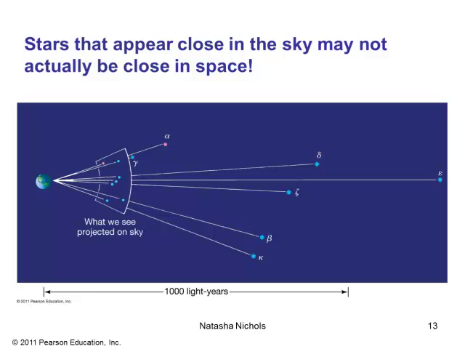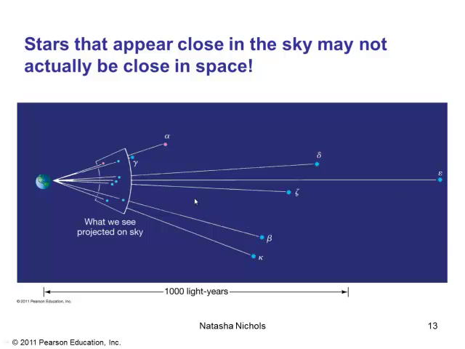Now, here is really what is taking place when we look in the sky and we think we see what the ancient Greeks called the pattern of a hunter, the constellation Orion. Stars that appear close in the sky are not necessarily close together in space.